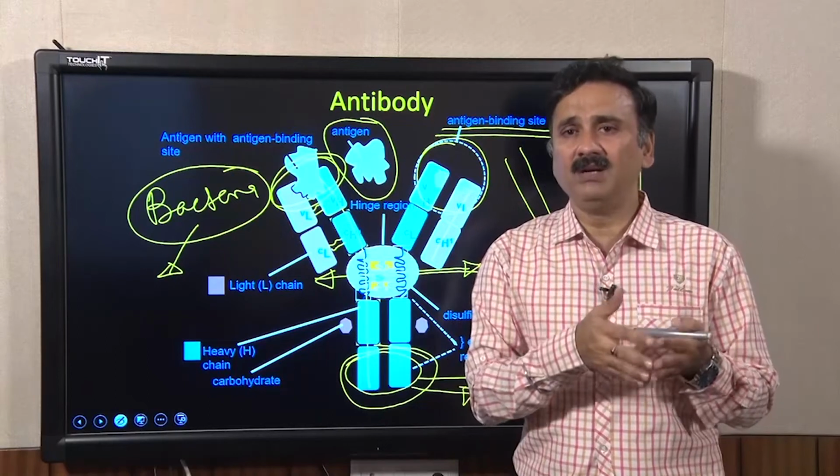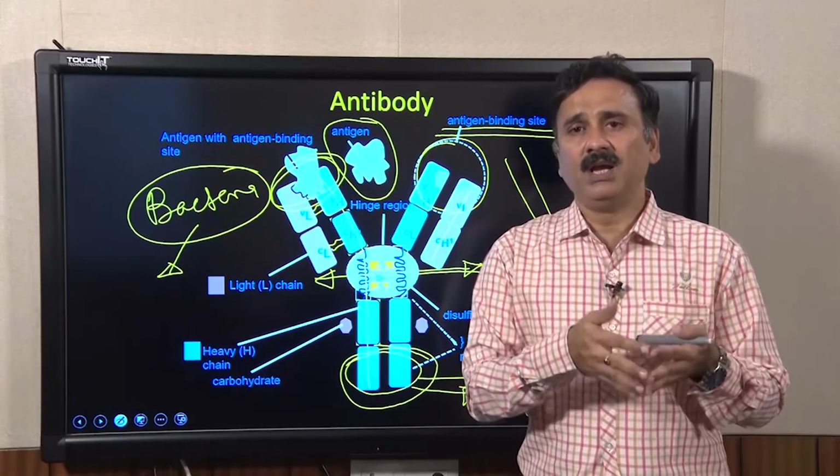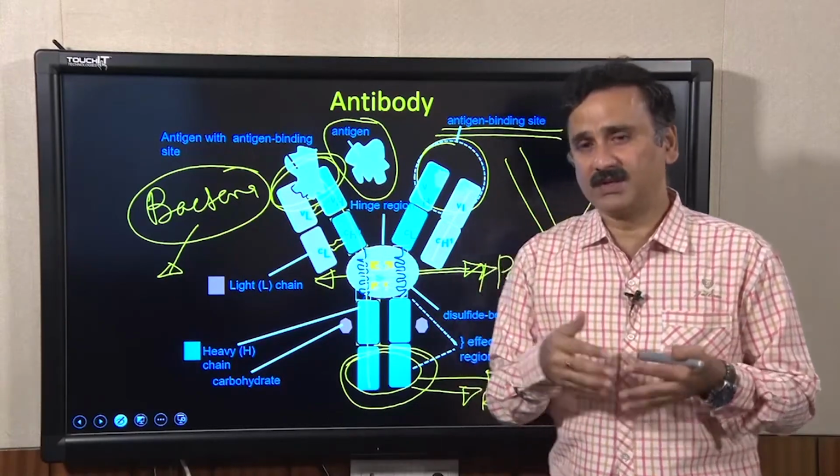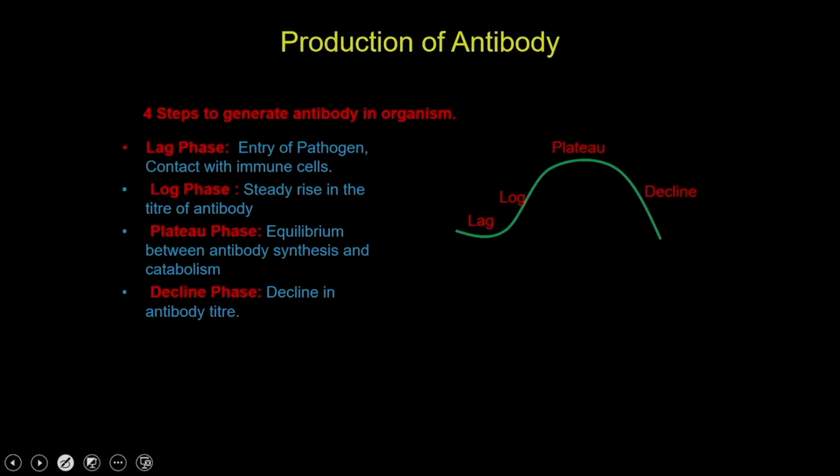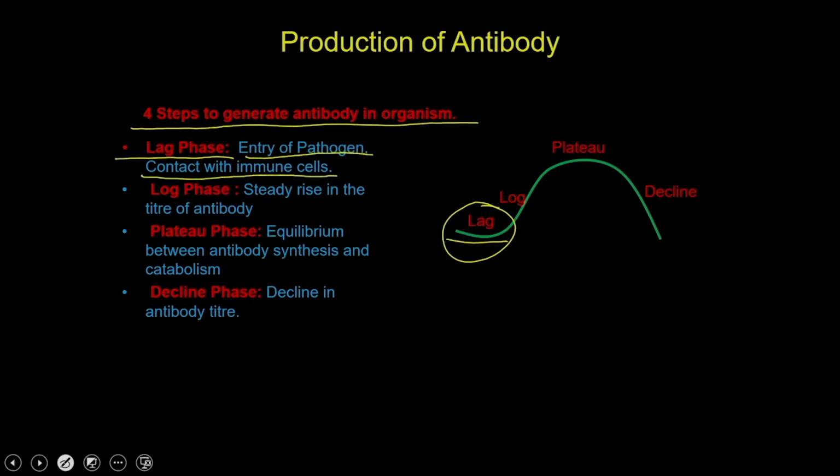Let us see how the antibodies are produced in a host such as humans. Antibody generation is a 4-step process in an organism under natural conditions. It has a lag phase. In this phase there will be an entry of pathogen, and then this pathogen is contacted by the immune cells.